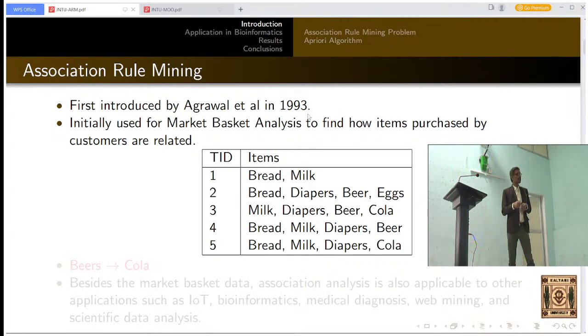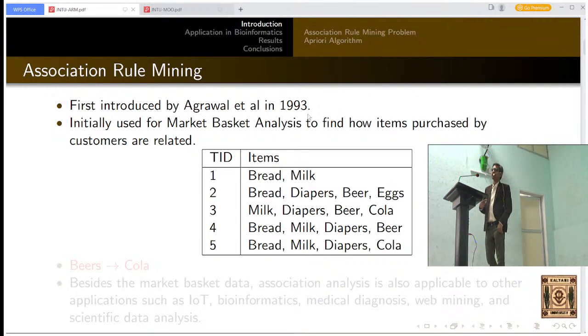So here is an example of such a data set. Here each row corresponds to one of the transactions, and these are the items purchased in each transaction. So transaction 1 has purchased bread and milk, transaction 2 has purchased bread, diapers, beer and eggs, transaction 3 purchased milk, diapers, beer and cola, and so on.